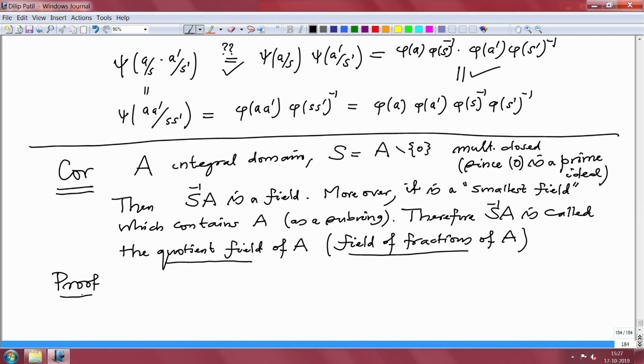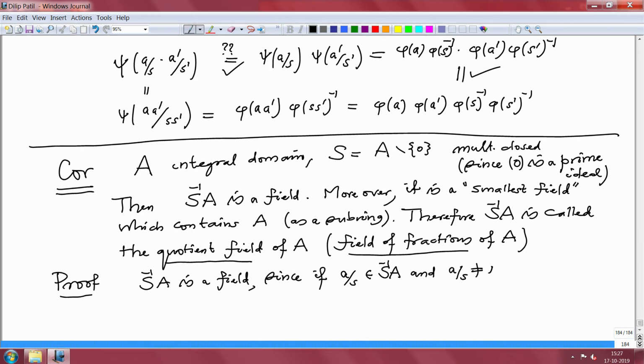Let us apply the universal property. First of all, S inverse A is a field is clear, since if a by s is an element in S inverse A and a by s is non-zero, which is equivalent to saying a is also non-zero, because if this is 0, then t times a will be 0 for some t in S. But it is an integral domain, so there is no zero divisor.